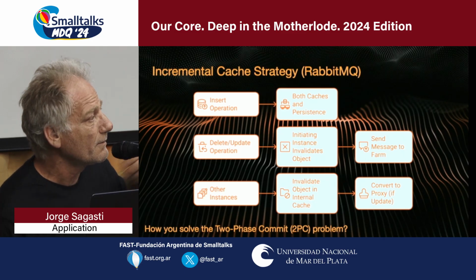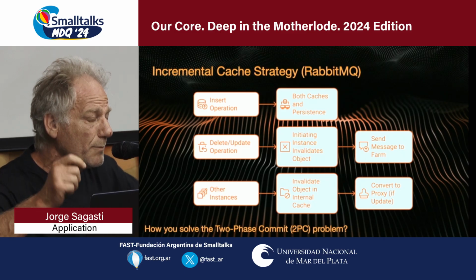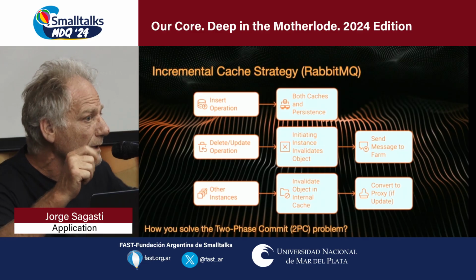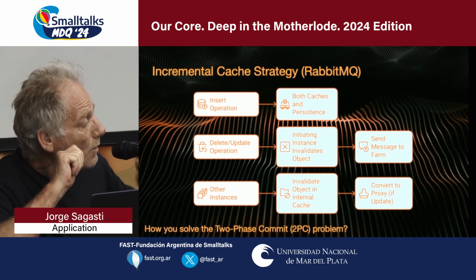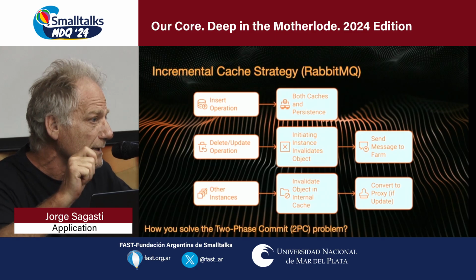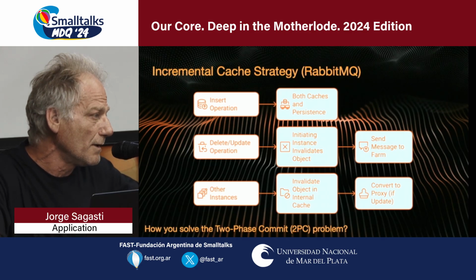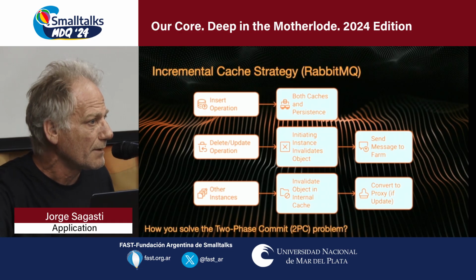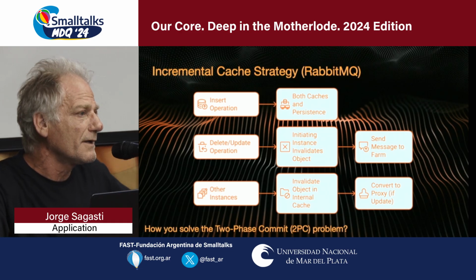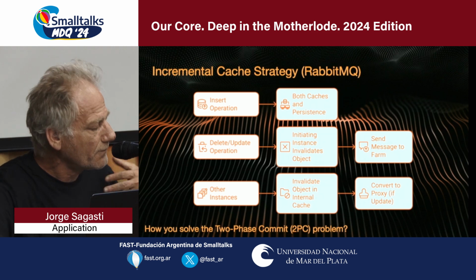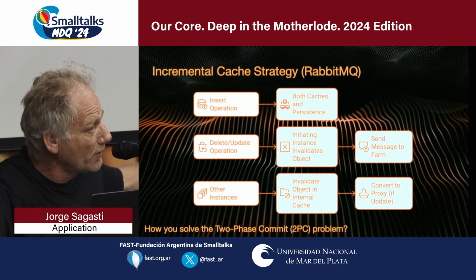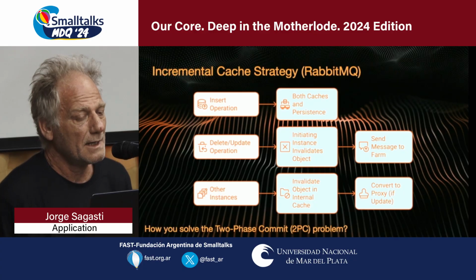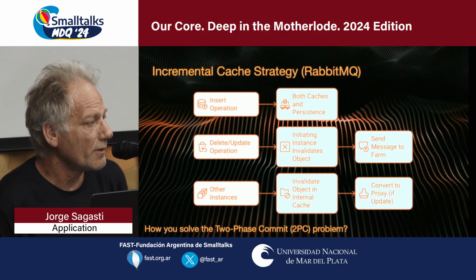Two-phase commit is when you need to write to two places at the same time. What happens if we write to the database and to the second level cache, and we fail to write to the database? You have to roll back the whole operation. It's quite difficult. So if you ask me that question, I'll answer later how we solve it.